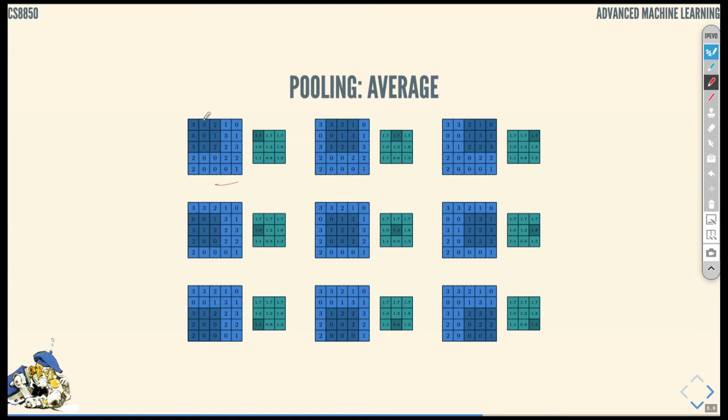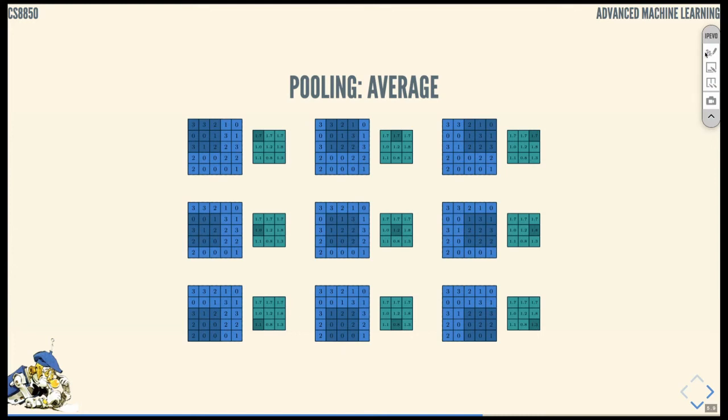Every element is added together: 3 plus 3 plus 2 plus 1 plus 3 plus 1 plus 2, 9, 10, 15, right? Yes, we get 15, and then we divide 15 by 9, and that's how we got 1.7. So let's move on.